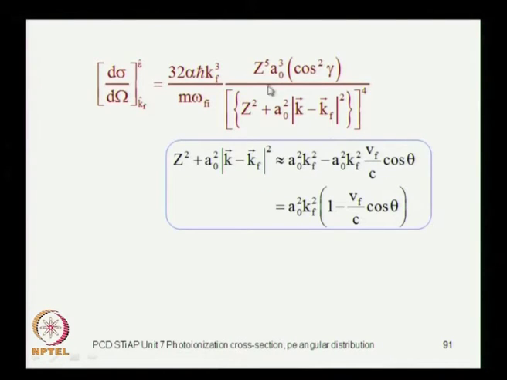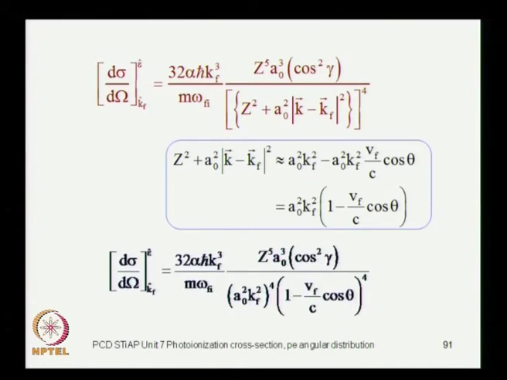So, using that you have this A0 square kf square, these are the remaining 2 terms which will go over here. You had the 32 alpha h cross k cube by m omega coming from the previous expression for the differential cross section, and now you have this 1 minus v over c cosine theta to the power 4.